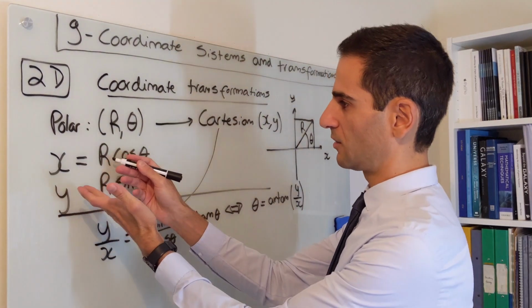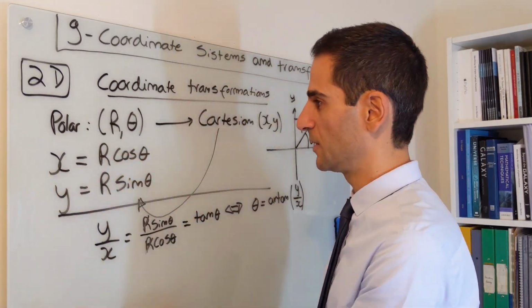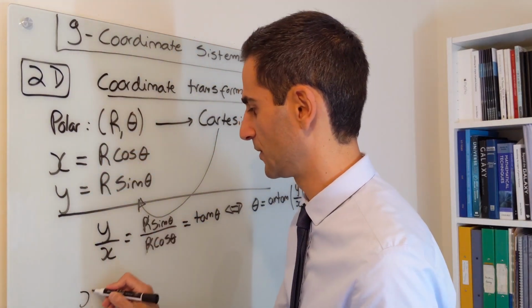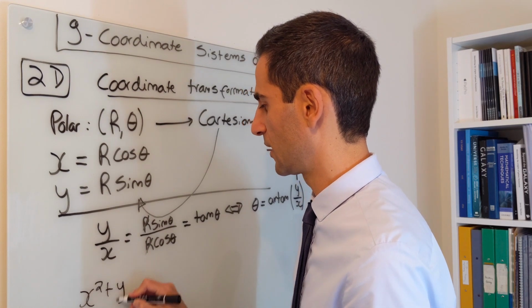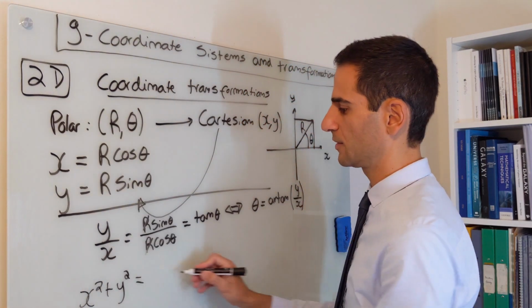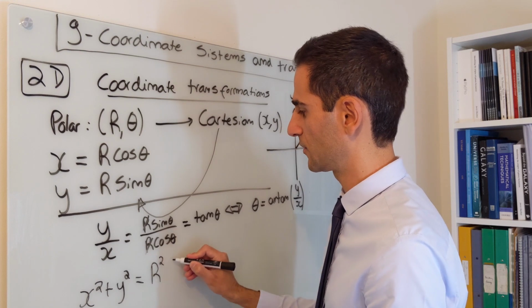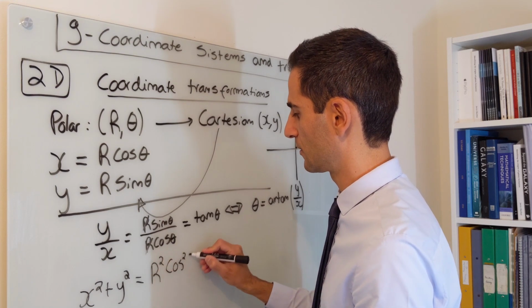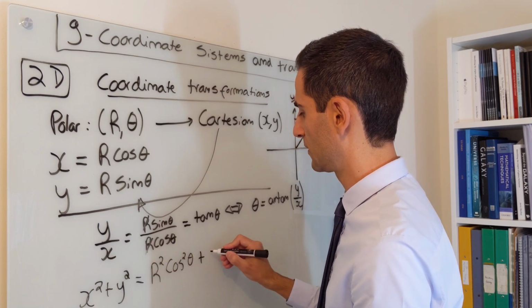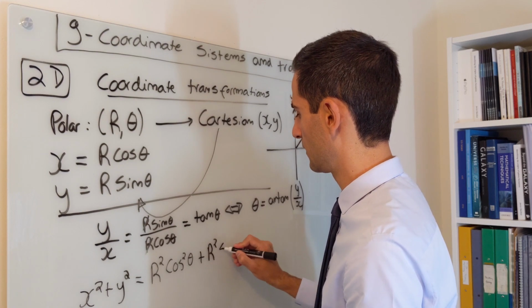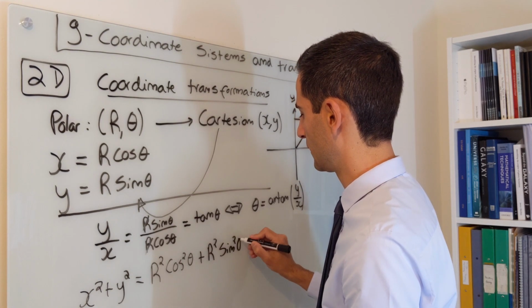How do we get r? We could also start with these coordinate transformations, and for example, if we add x squared and y squared, we'll see that we get r squared cos squared theta plus r squared sine squared theta.